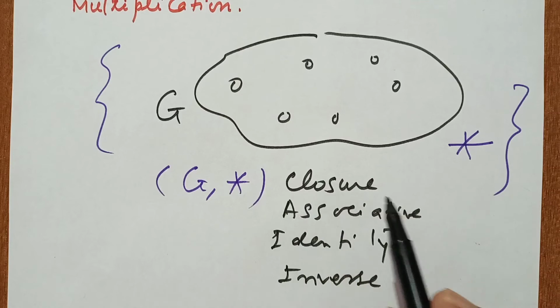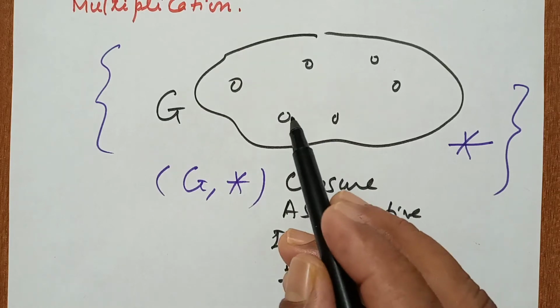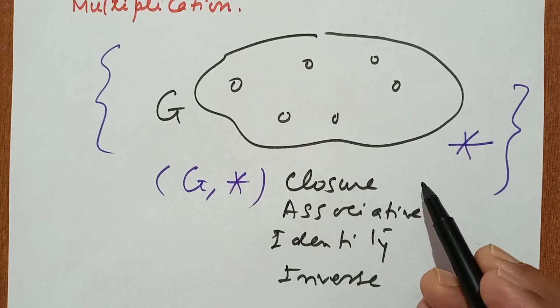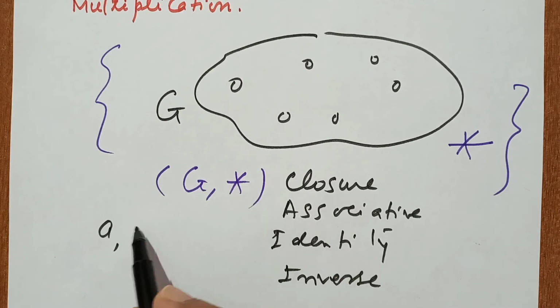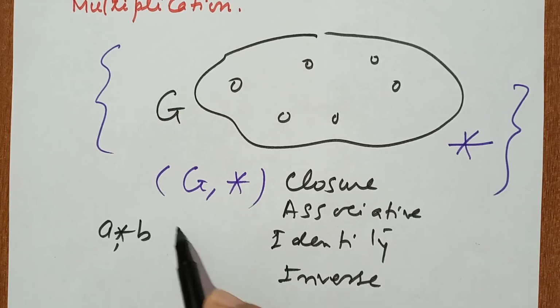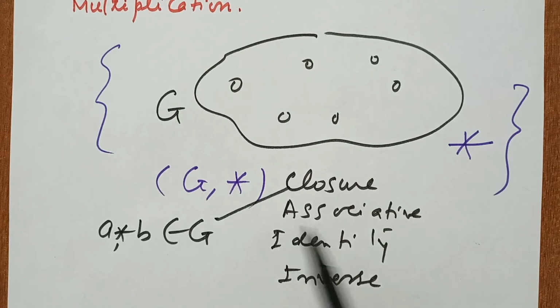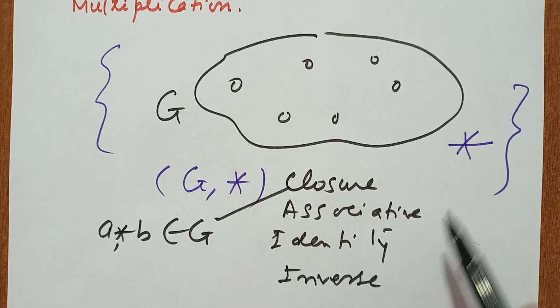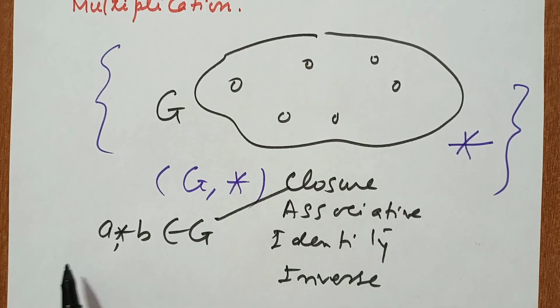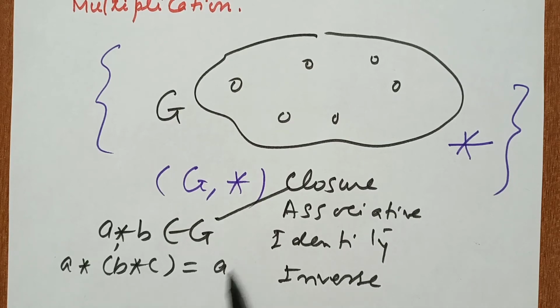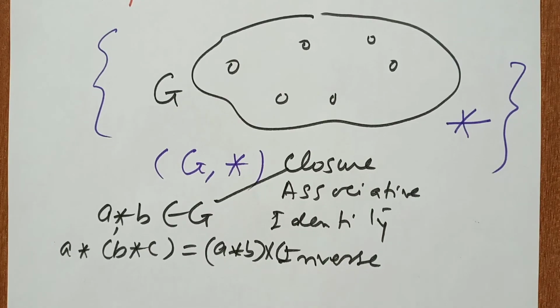First is closure. Closure means if you take any two elements a and b of G, then a star b is also in G, since star is an operation. Next is associative: a star b star c equals a star b star c, which holds for every operation except minus.